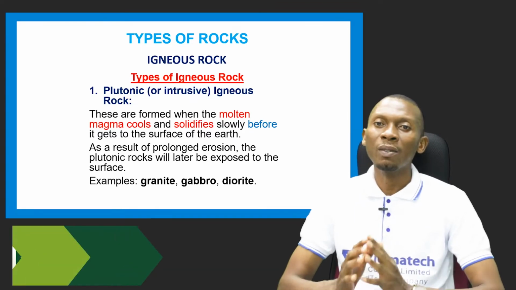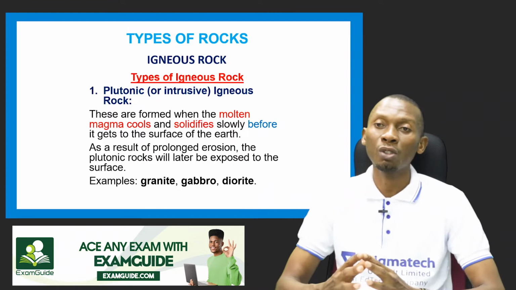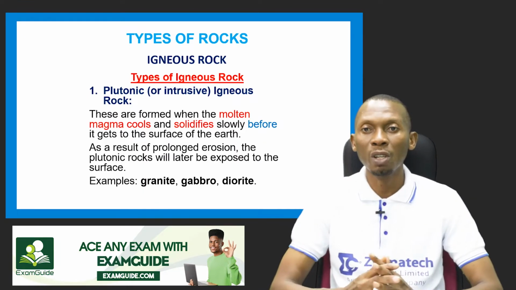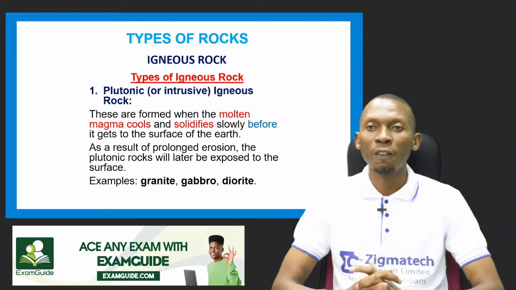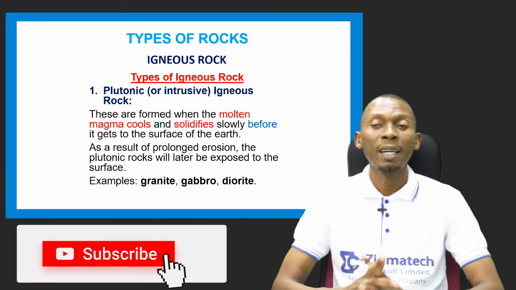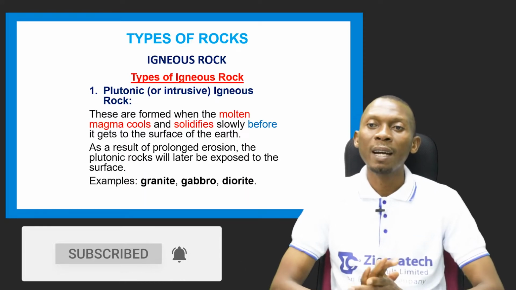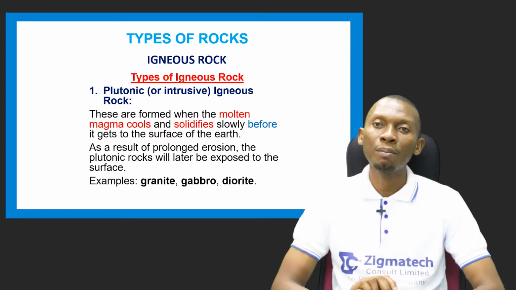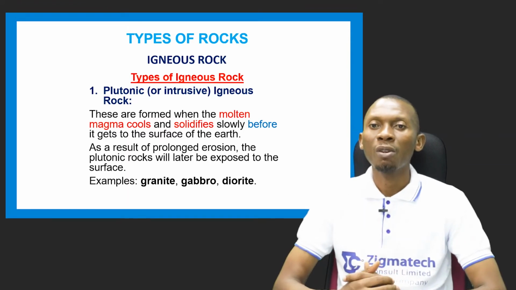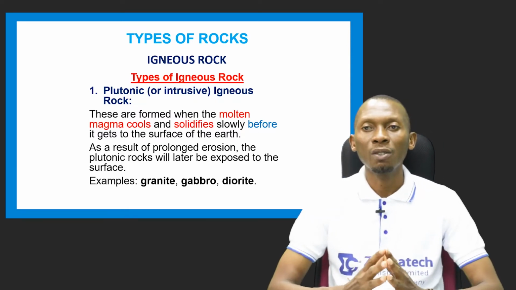And as a result of prolonged erosion, which has to do with washing away of topsoil, these plutonic rocks will later be exposed to the surface of the Earth. Now, examples of plutonic rock are granite, gabbro, and diorite. So these are examples of plutonic rock, which are, I repeat, granite, gabbro, and diorite.